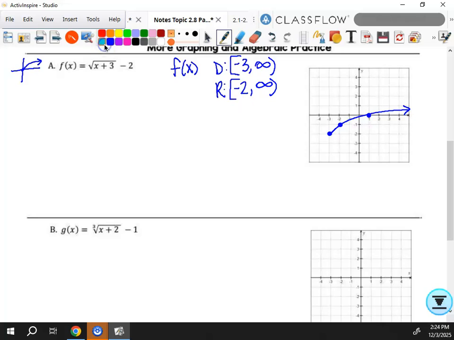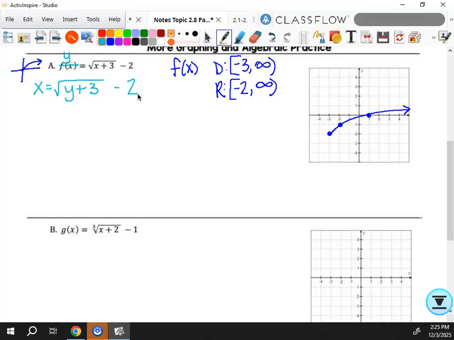Okay, so now let's find our inverse. So I'm going to call that y so I can switch them. So I'll get x equals the square root of y plus 3 minus 2. All right, so I know I'm going to have to eventually get that y out from underneath the square root. How do you undo a square root? Square. So should I square both sides right now? No, I could, but that'd just make my life a whole lot more difficult.